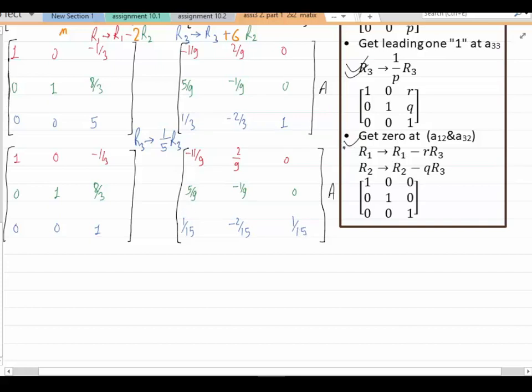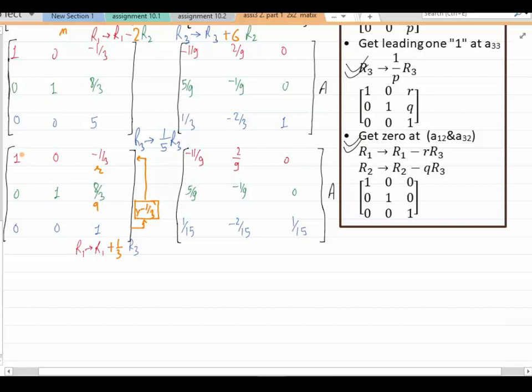Okay, now we reach the last step, and as well we get the values of R and Q. So the first operation of the last step is R1 gives R1 minus R, which is actually minus 1 by 3. So it will become plus 1 by 3 R3. That means the third row will multiply with minus 1 by 3 and add into the first row.